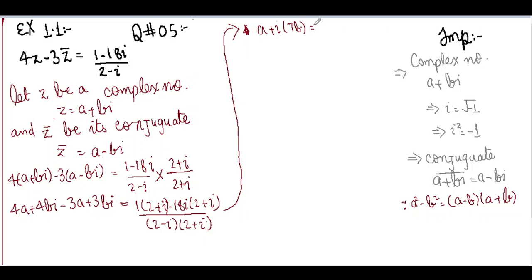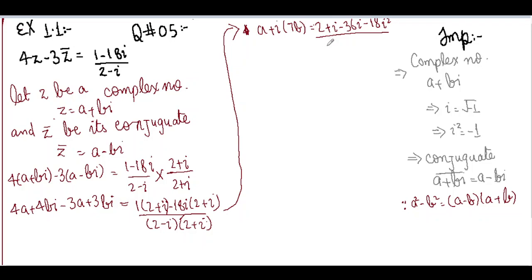equals 1 into 2 plus iota is 2 plus iota, and minus 18 into 2 is minus 36 iota minus 18 iota square whole divided by 2 minus iota into 2 plus iota is making the formula of a minus b into a plus b, which is equal to a square minus b square, where a is 2 and b is iota.